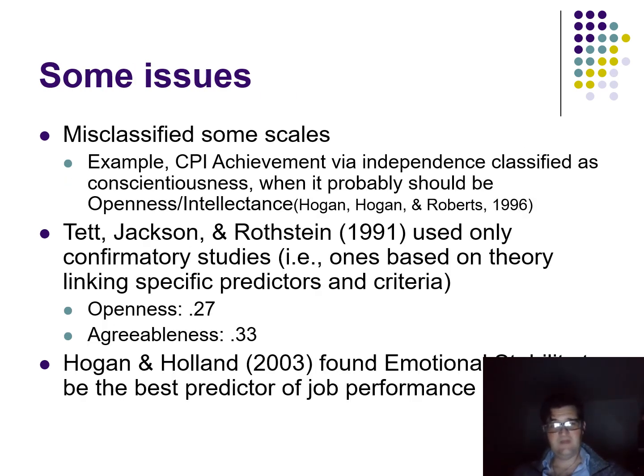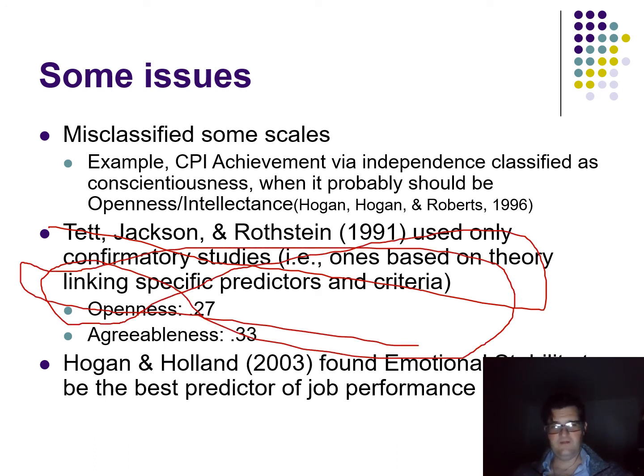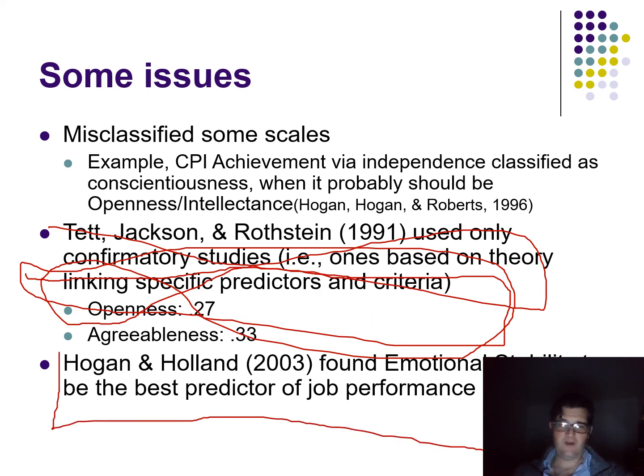Like I said, they made some mistakes, and I'm going to cross out this Jackson and Rothstein because it turns out they made some real mistakes, so let's not really worry about that. But then in 2003, Joyce Hogan and Brent Holland found that emotional stability, so neuroticism, was the best predictor of performance across all categories and all jobs.